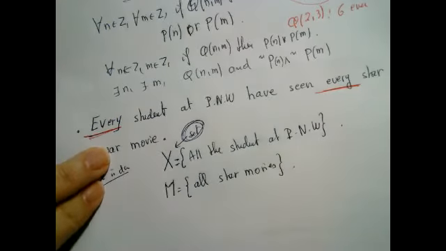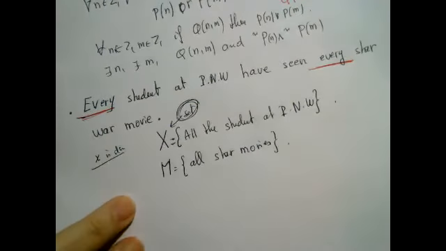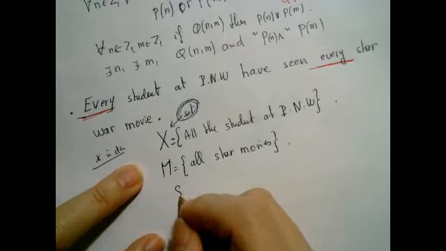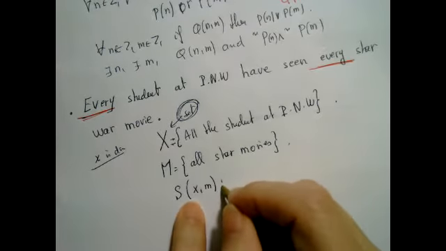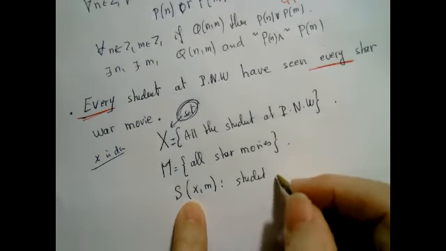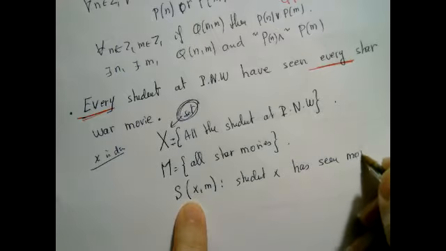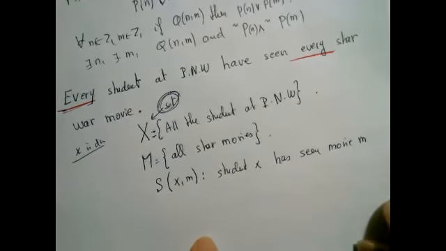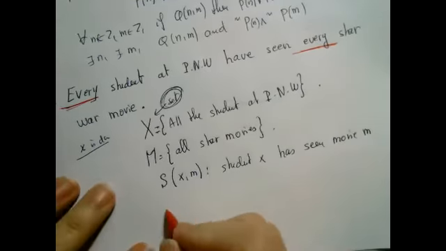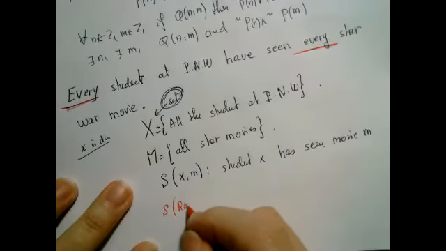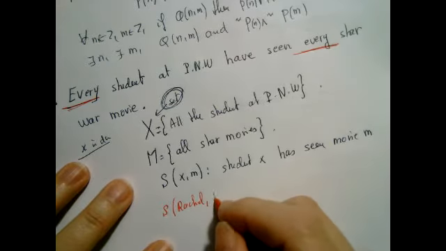And then my predicate. Every student has seen a Star Wars movie. So my predicate is going to be S of X, M. You have to be very clear: student X has seen movie M. Now this will make sense because if I write S of Rachel, comma, Phantom Menace, one of them.